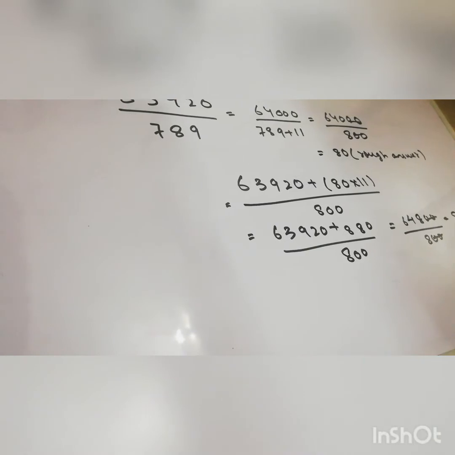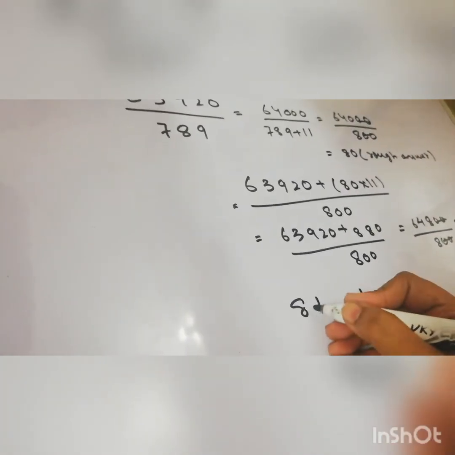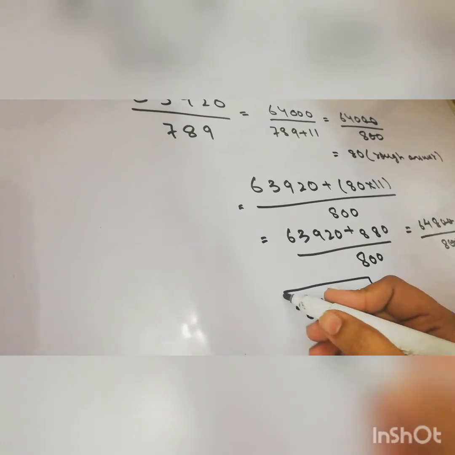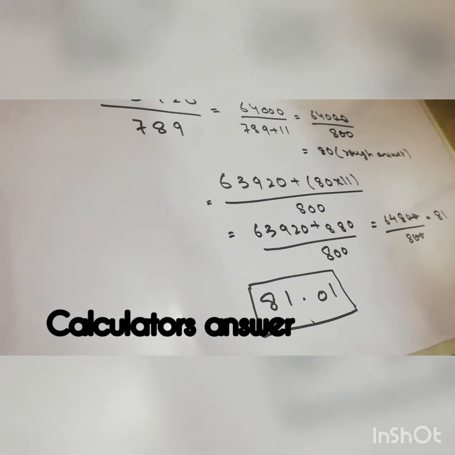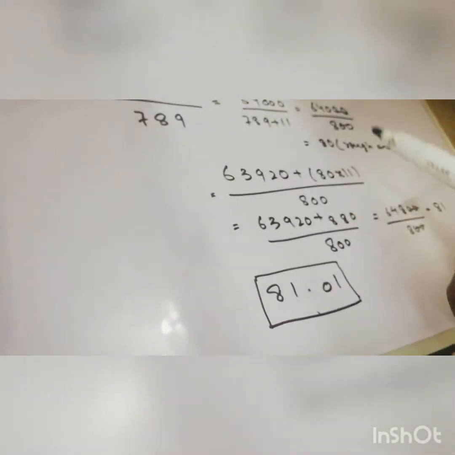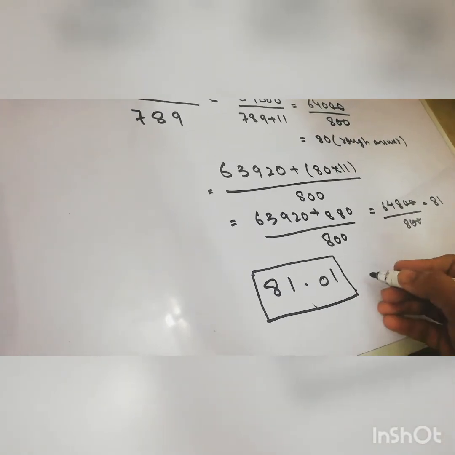So if I solve the same question with a calculator, my calculator will give 81.01, which is approximately equal to 81. In both methods you will get the same answer. You can check it by yourself also.